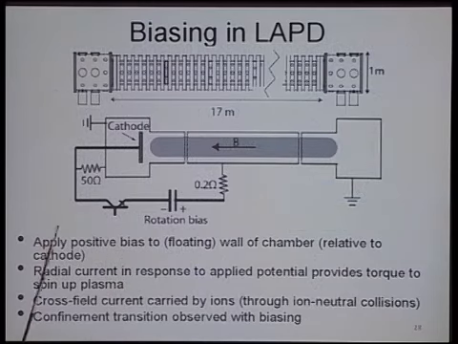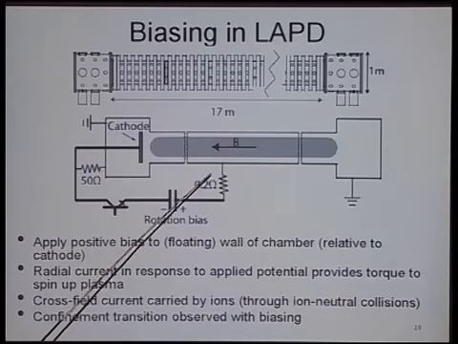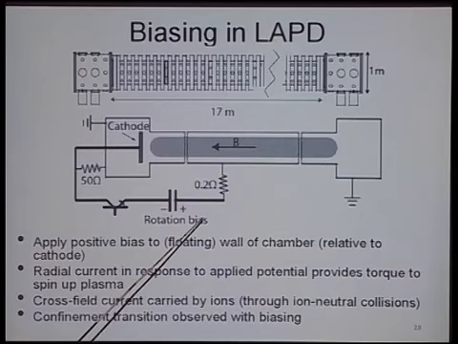The way this works is that each chamber in LAPD can be electrically separated from one another. We take the middle two chambers, float them from ground, and then apply the bias voltage to that entire chamber, between negative 100 and 200 volts.